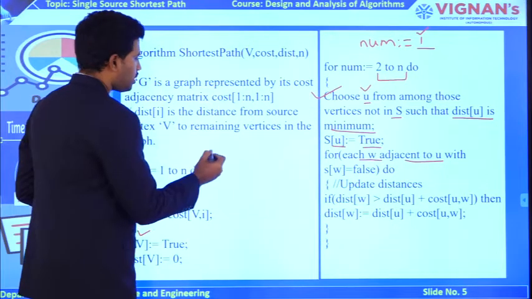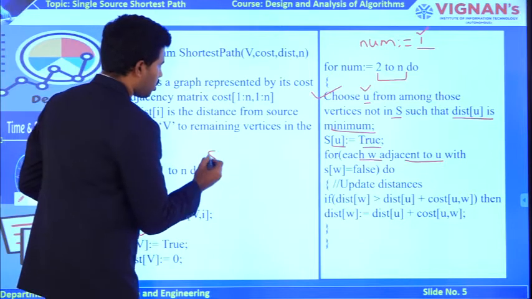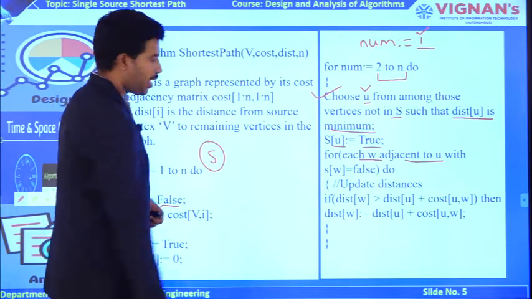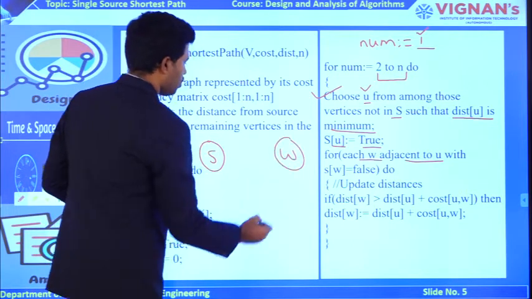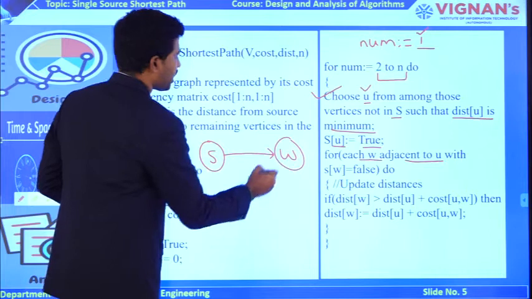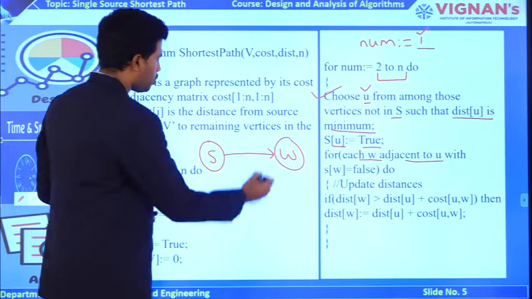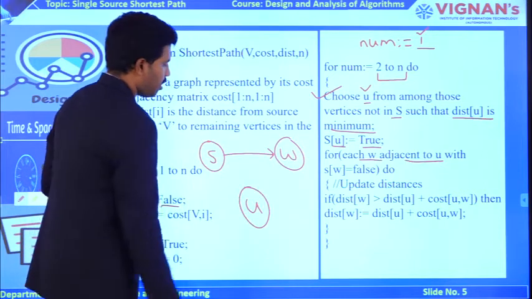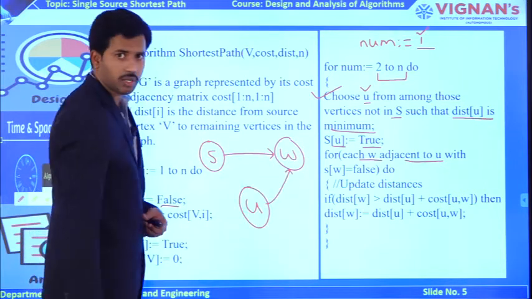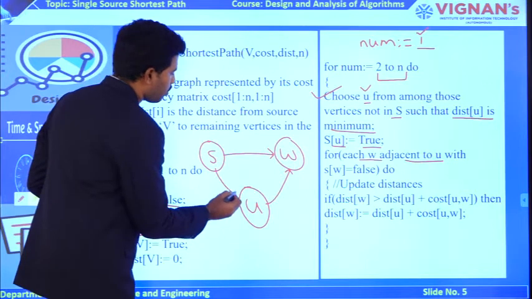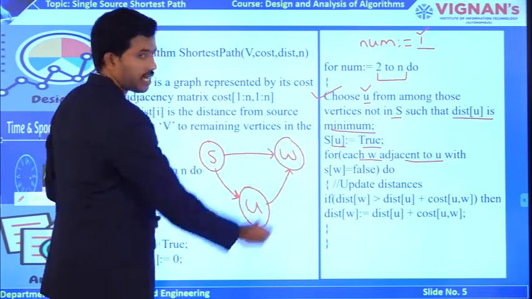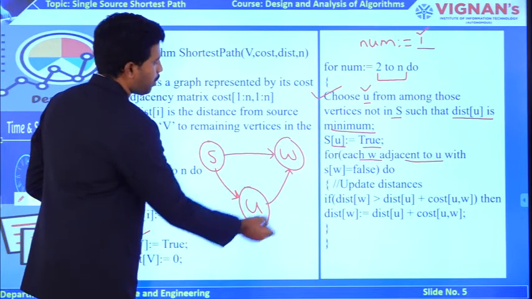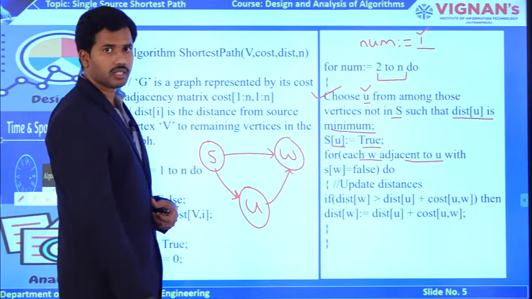Now what the algorithm is telling is that you have an initial source vertex s, and a destination vertex w, and you already have a direct connection from s to w. Now I am choosing u as an intermediate vertex. Now I am verifying whether this u is adjacent to this w or not, so that you can verify whether the direct connection generates the minimum cost or the intermediate path via u generates the minimum cost.